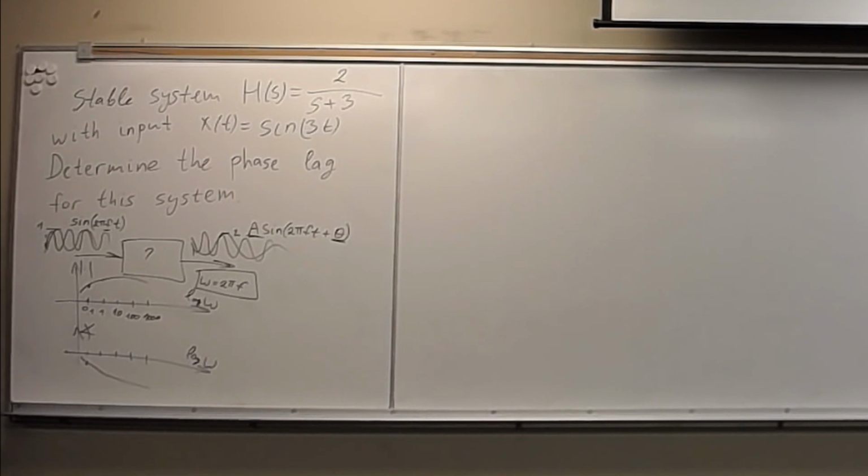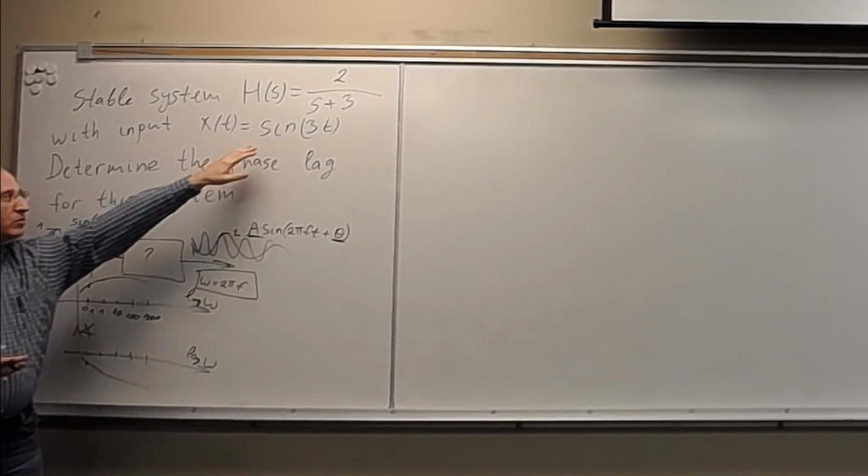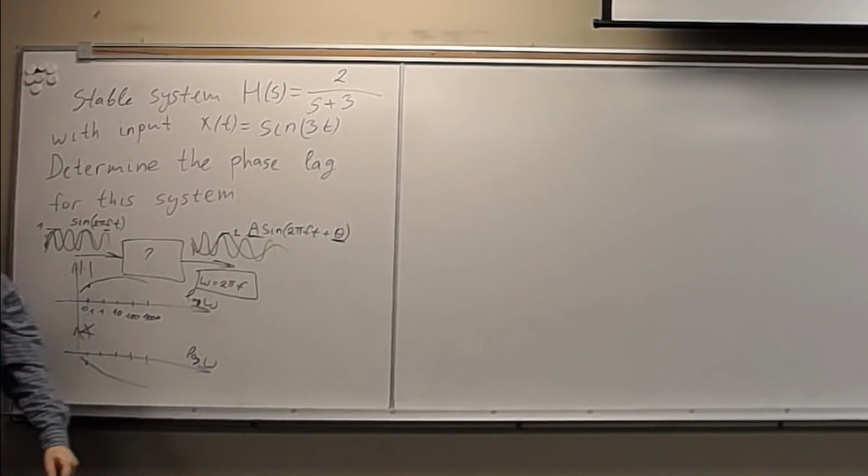And the question was, if your input is sine of 3t, what will be the phase lag of the output compared to that phase of 0? Because you don't have any theta here, so just 0 angle. So what was the angle, do you remember? I believe it was minus 45 degrees or minus pi over 4.